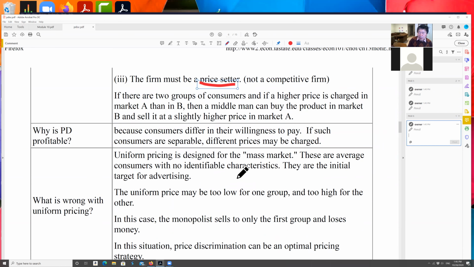Like many restaurants, they can pretty much figure out whether you are students or not. And to students, they will probably charge lower prices. But for regular consumers, they will charge higher prices. Sometimes they do that.